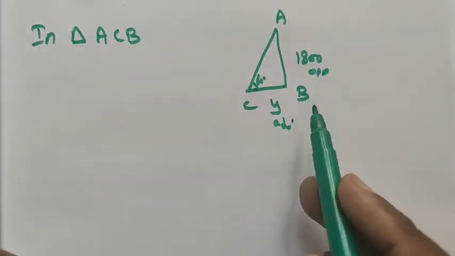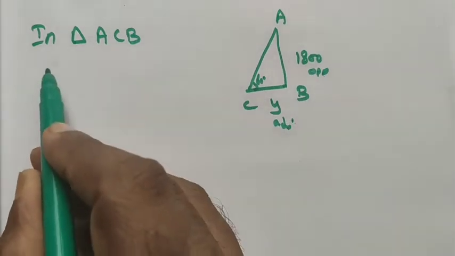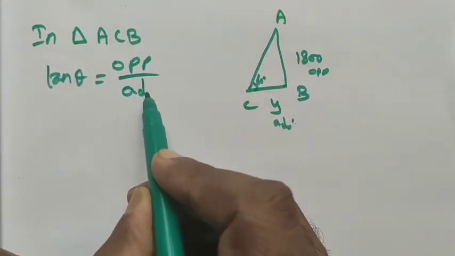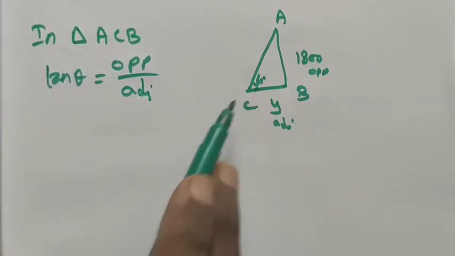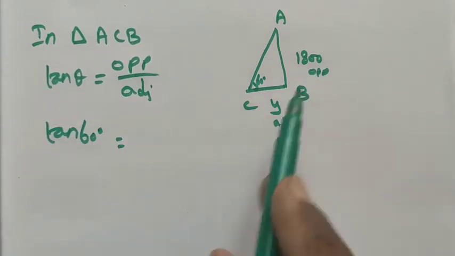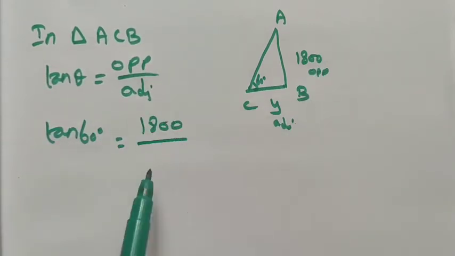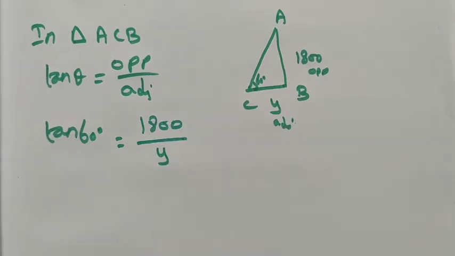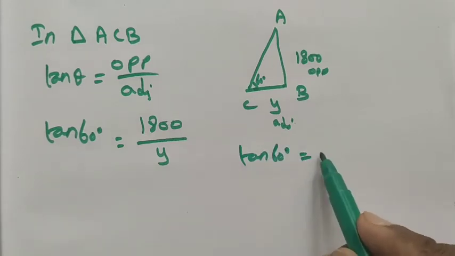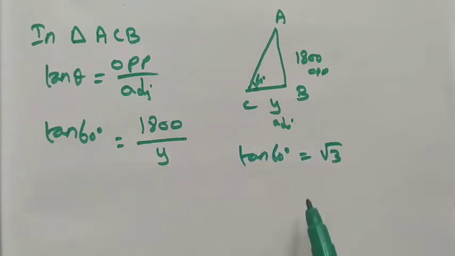The ratio of opposite and adjacent side is tan theta, opposite divided by adjacent. Here theta is 60 degree, tan 60 degree is equal to the opposite side 1800 divided by the adjacent side Y. We know that tan 60 is equal to root 3, right?